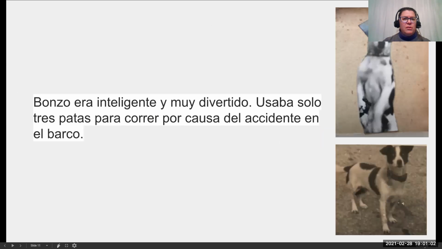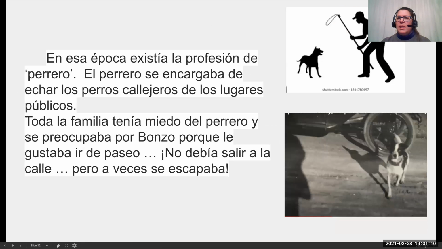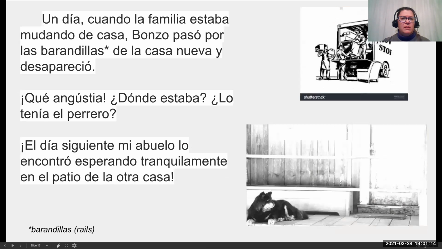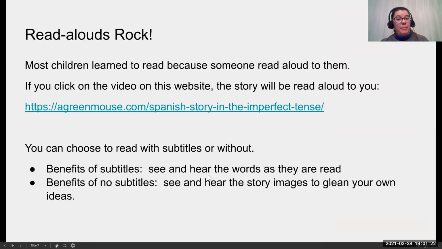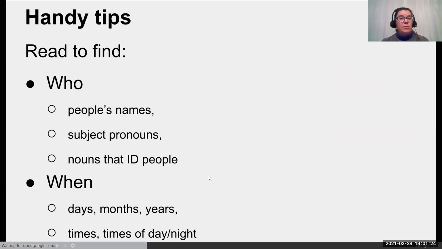Maybe Bonzo was a street dog. Apparently he was smart and fun. And three paws. And there was an accident on the boat. Okay. There's a picture of a dog catcher. Somebody was afraid of something. Looks like the family moved. And then dog on the patio. Okay. I know exactly what's happening, but I want you to try and get the general idea yourself.